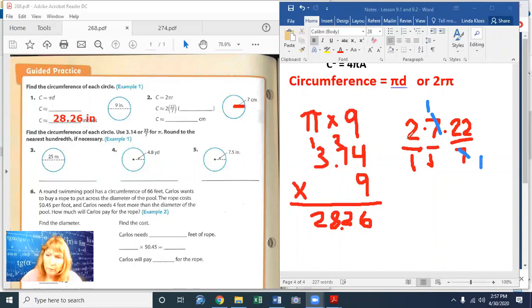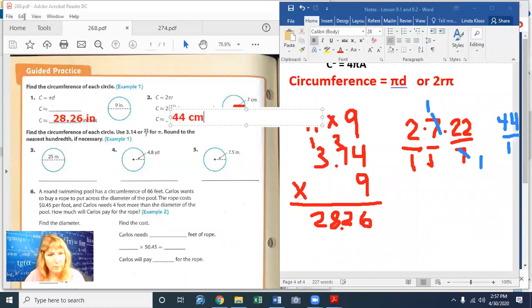And now I'm left with 2 times 1 times 22 on top and 1 times 1 times 1 on the bottom. So I'm just doing 2 times 22, which is, hopefully you know that, 44 over 1, or just 44, right? So the answer to this one, what is the circumference? It's 44 centimeters. In centimeters because the radius is given in centimeters.